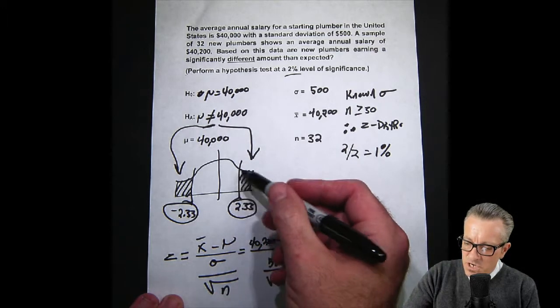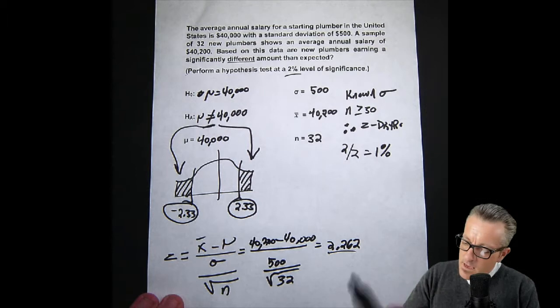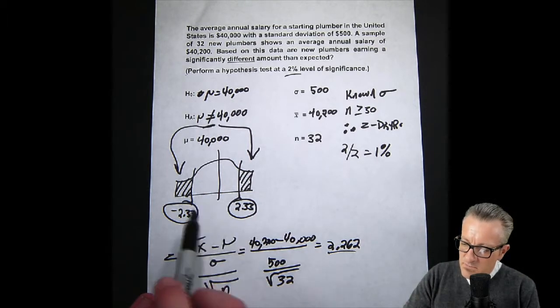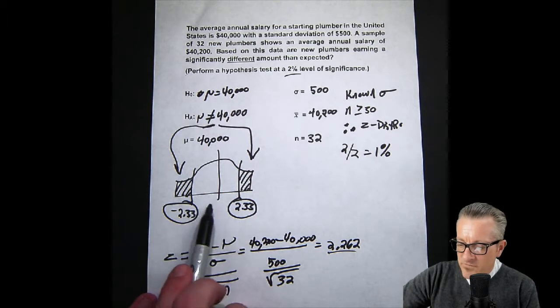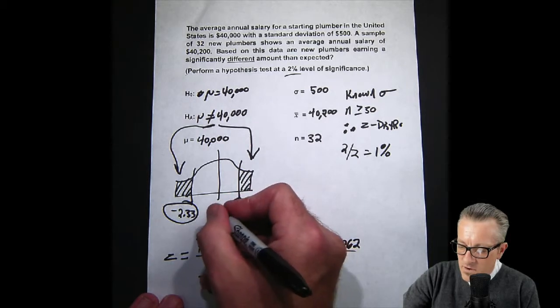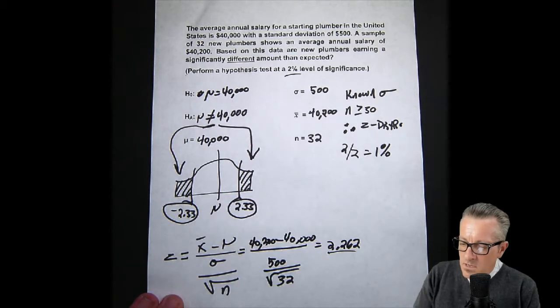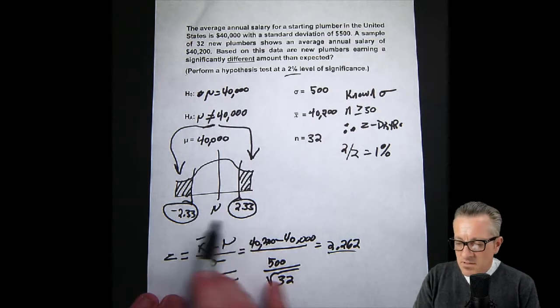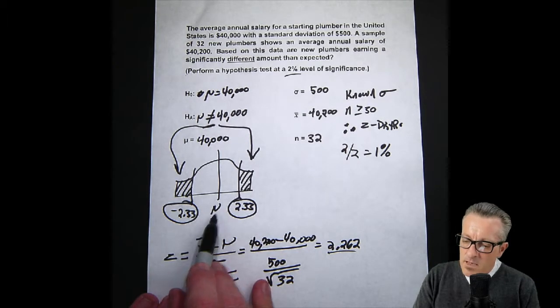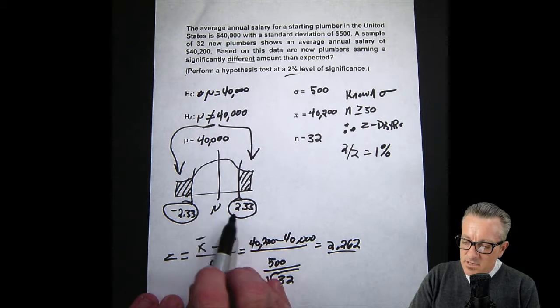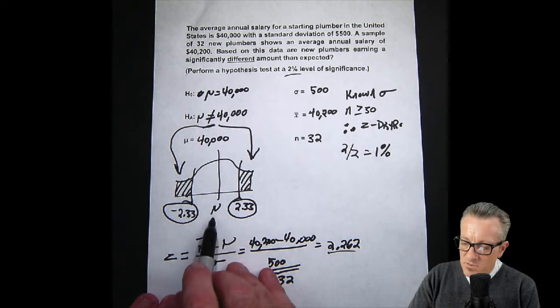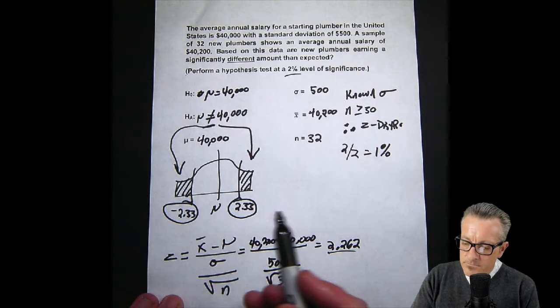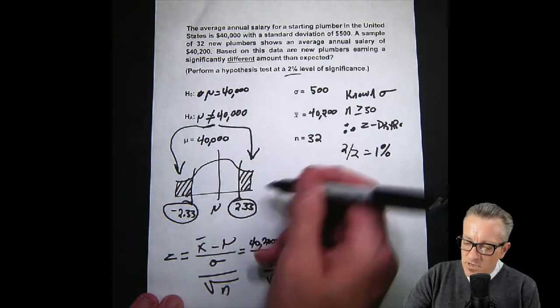Okay, so we have to figure out where we're going to put this. Is it going to be in the shaded rejection area or not? As I mentioned in my last example, as we move further away from the middle, which is our mu, if we're looking at this as standard deviations, this is the center. But if we're looking at this with the actual values, this would be our 40,000. As we go out, the number increases.